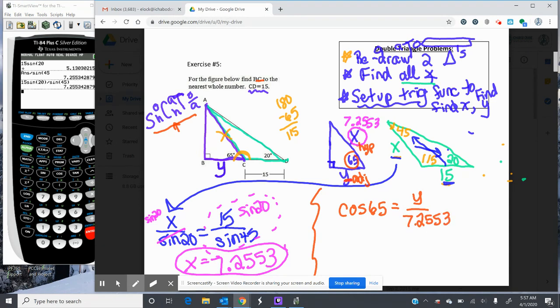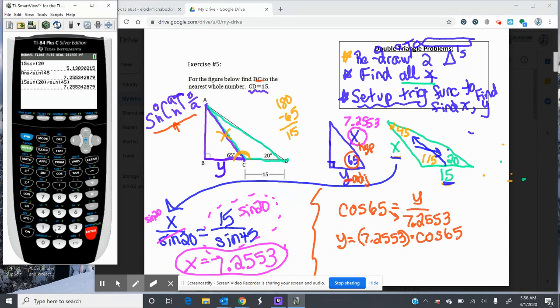7.2553. Now in this case, we just cross multiply. So y will equal these multiplied together. So in your calculator, you have that 7.2553 as the last answer. You're just going to take that and multiply by cos 65.